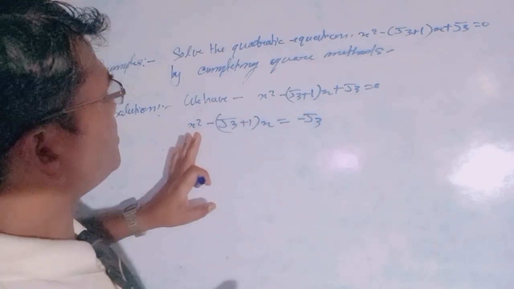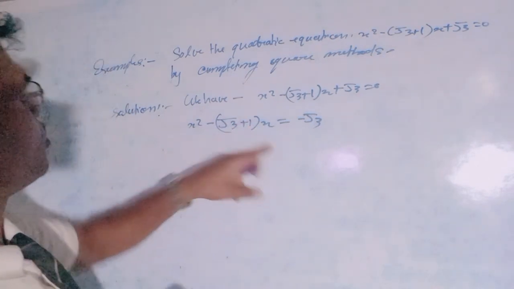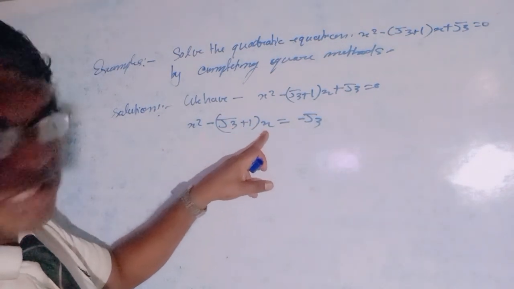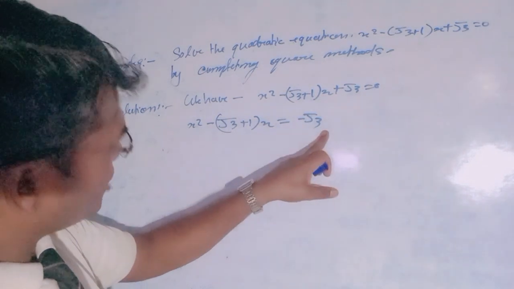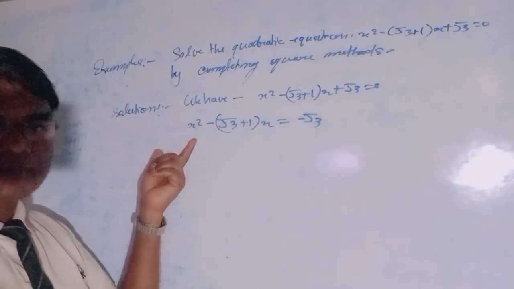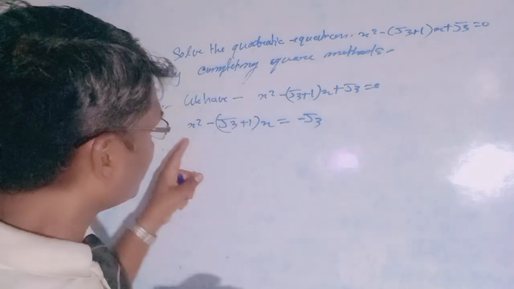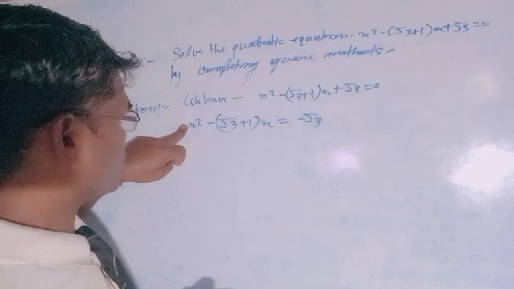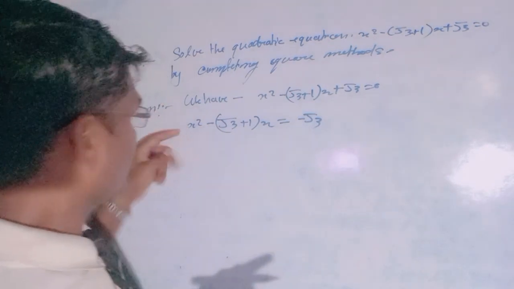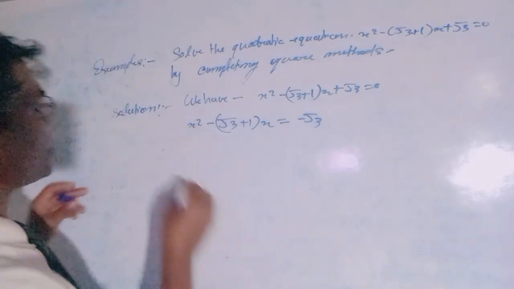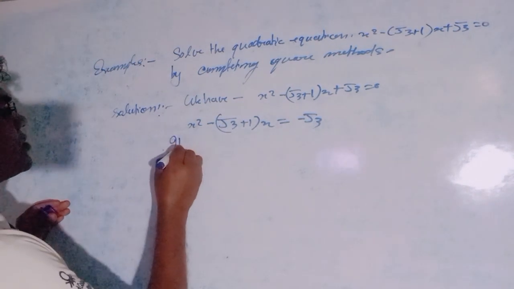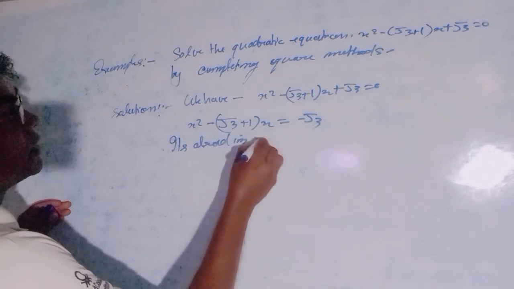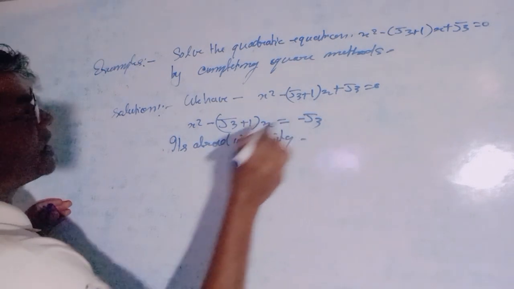Now, the equation is x square minus (root 3 plus 1) into x. The second step says to make the x square coefficient unity. It is already unity.